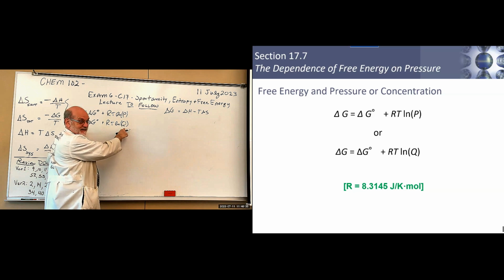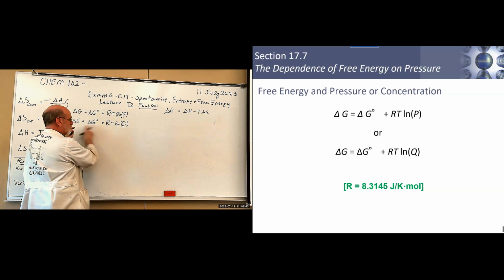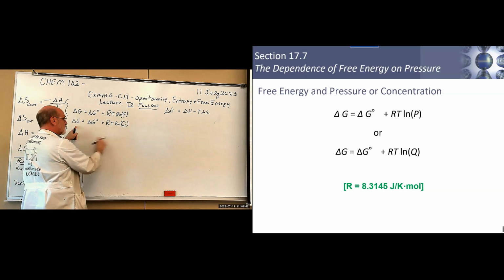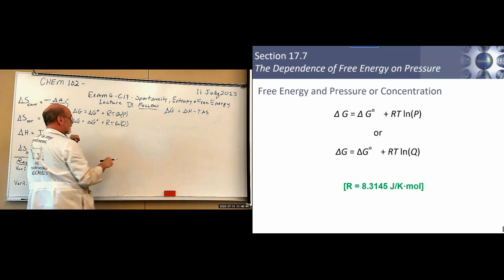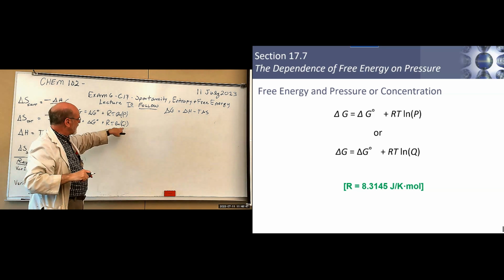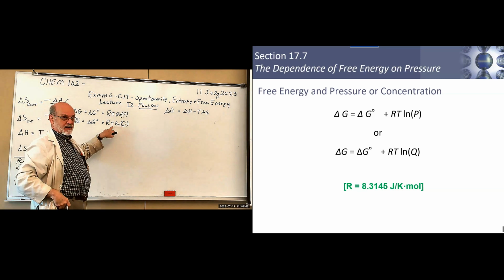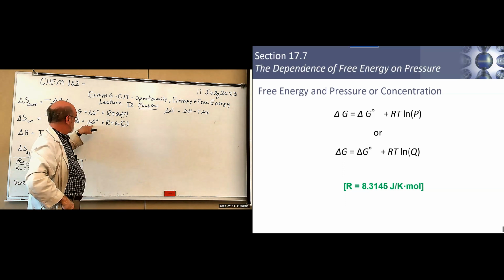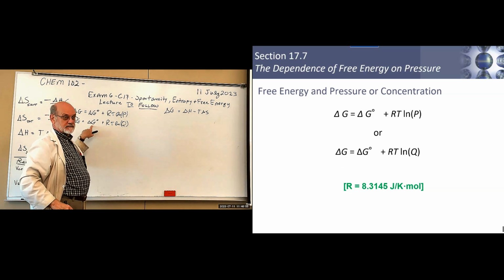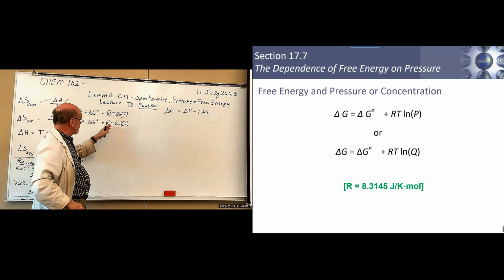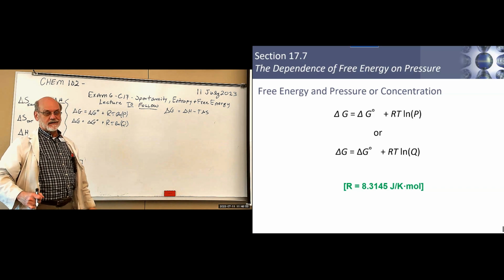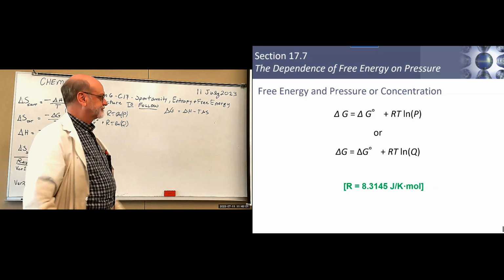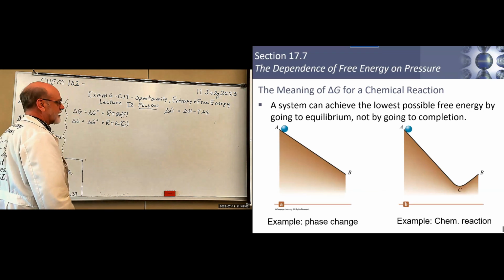K. That's the equilibrium constant. This is only for non-equilibrium, but at equilibrium, that's 0 and that's K. So under those conditions, if you know the K and the temperature, you can calculate delta G0. Or if you know delta G0 and your temperature, you can calculate K. Okay.